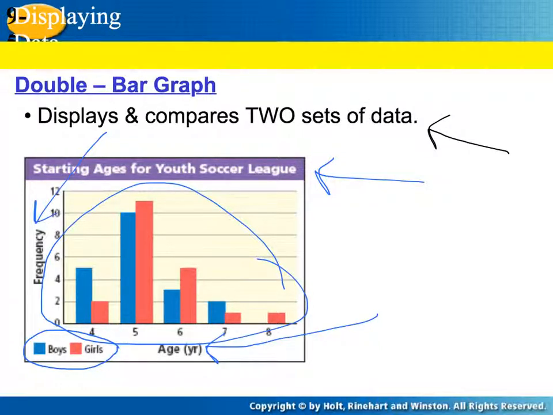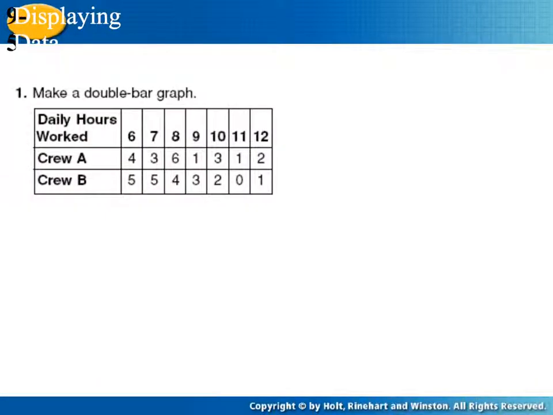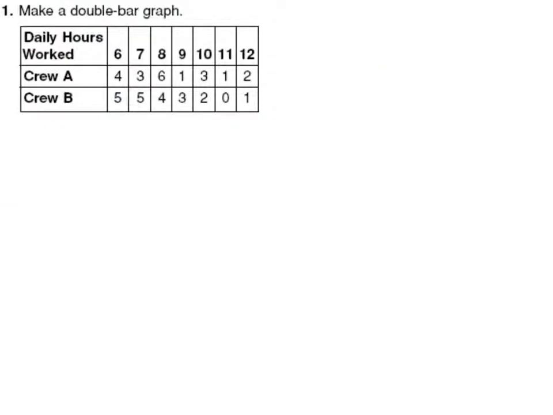So when you create the graph, the very first thing that I want you to do is write down your labels. So what we are going to do is create a double bar graph here. The first thing that I'm going to do is get my graph here.